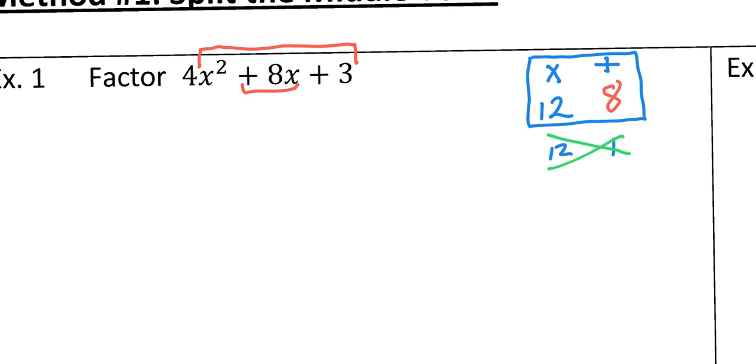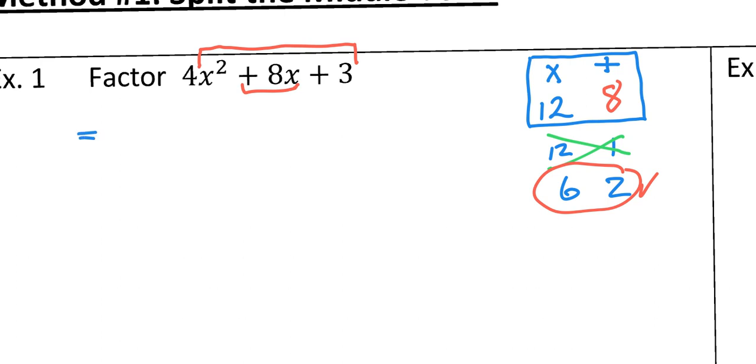Now let's try another pair of numbers that multiply to 12. How about 6 and 2? 6 and 2 multiply to 12, and add to 8. Yes, perfect. We can use that.